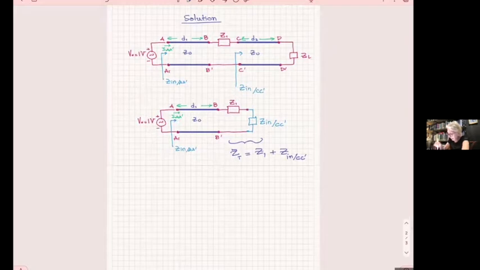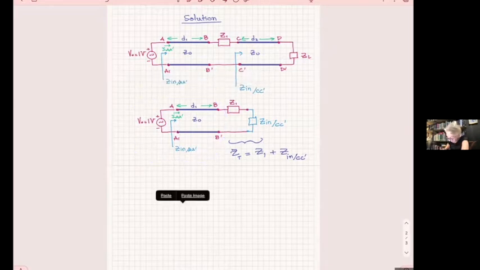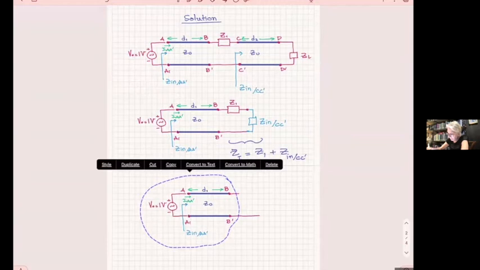And then, having done this, I will take this part of my line, copy it and paste it, and I will replace the two impedances by one.